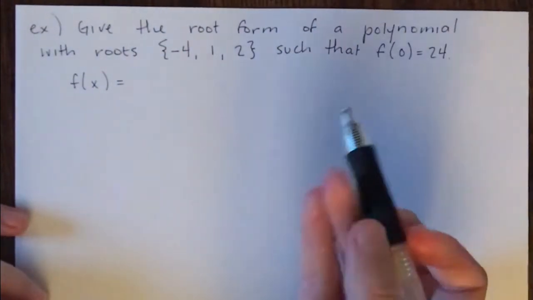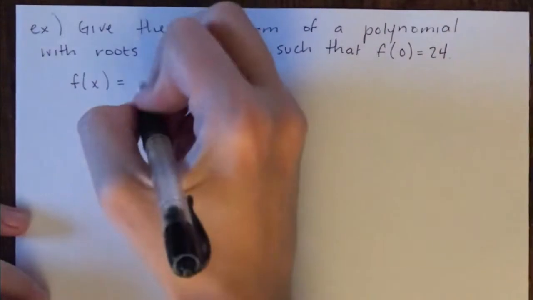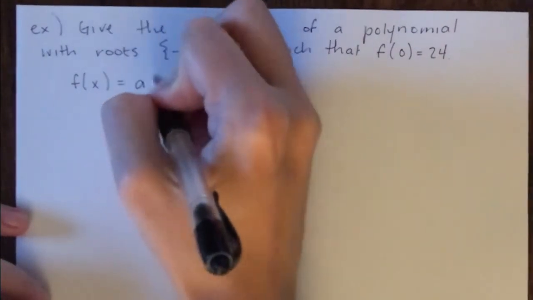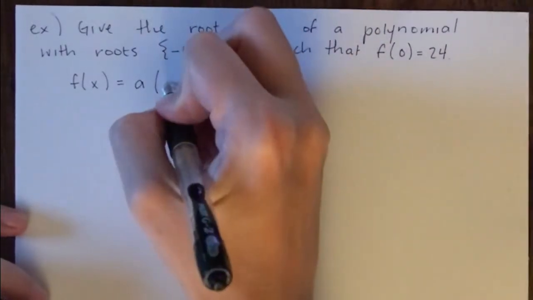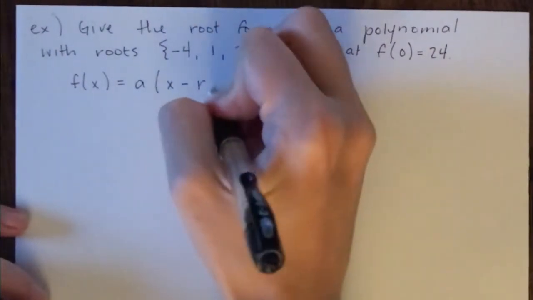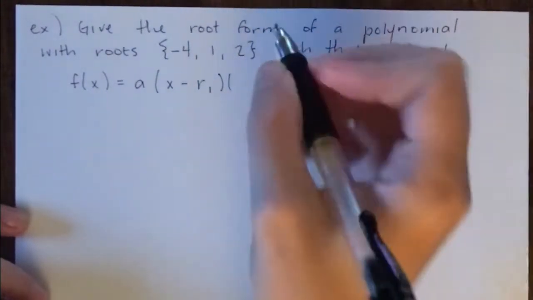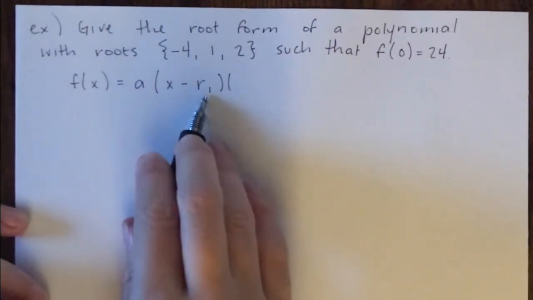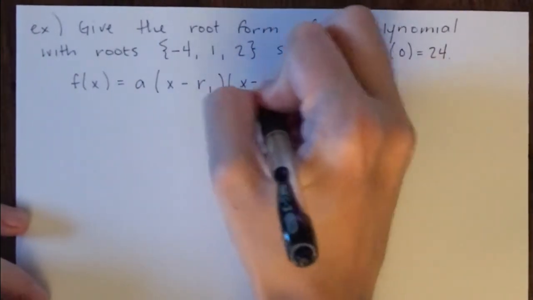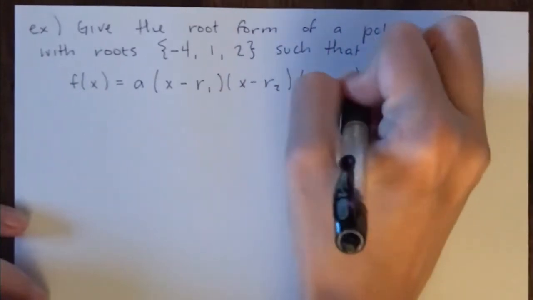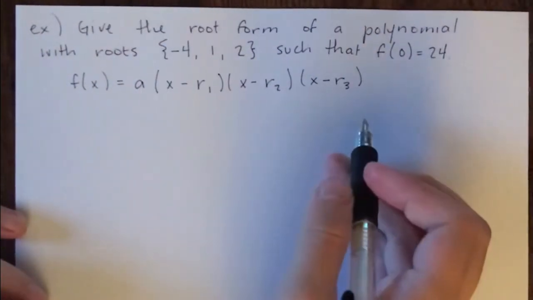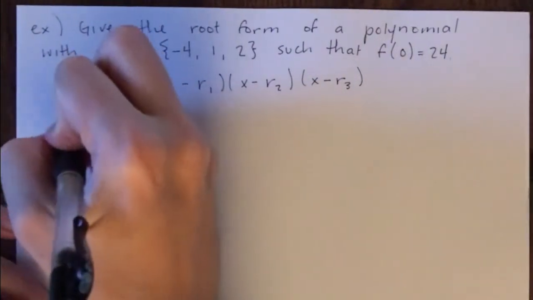So our general root form looks like this, right? We have our leading coefficient. We never want to forget the leading coefficient. That's a mistake that is made pretty often. We have x minus our first root, x minus our second root, and x minus our third root. We have 3 roots. So we have 3 factors. What are our 3 roots?